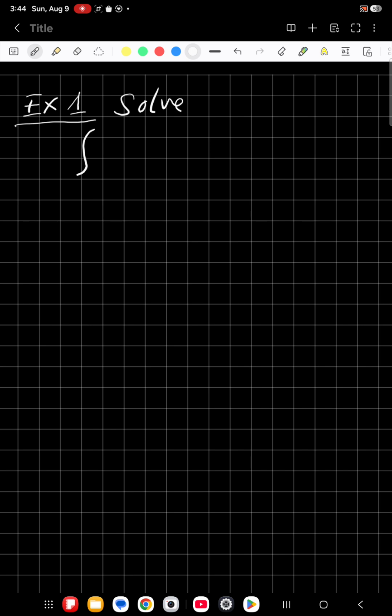Compute the integral, and this is what we have. So we have (x cubed plus 1) squared, and now I have 3x squared times 3x squared. I want to point out this 3x squared.